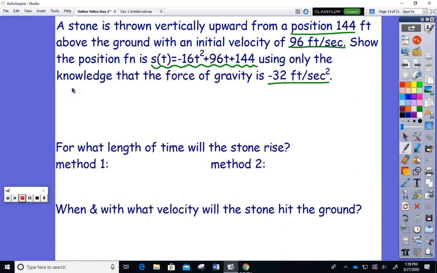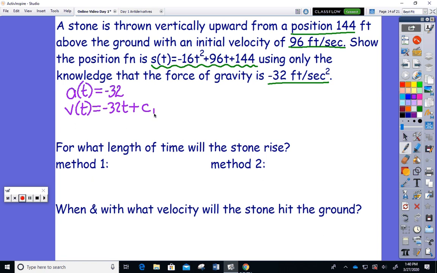So all you have to go on is that A of t is negative 32. We know that that is the force of gravity on Earth. So how could I build from acceleration to velocity? You got it. Antiderivatives of both sides. Now, I'm going to do what I did on the last problem and call that C sub 1.